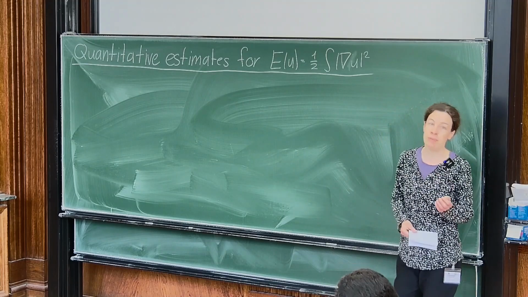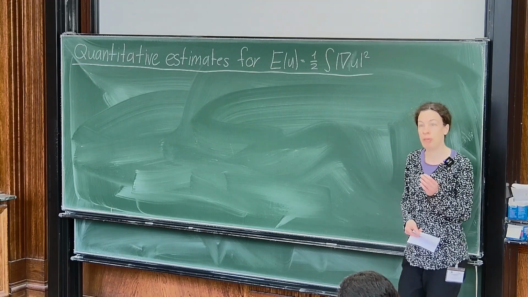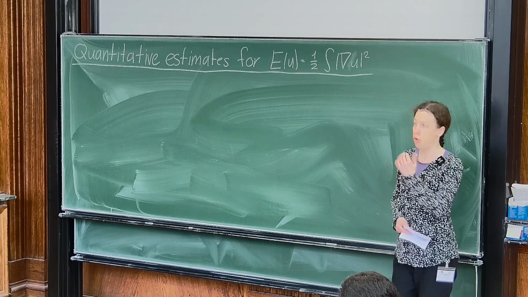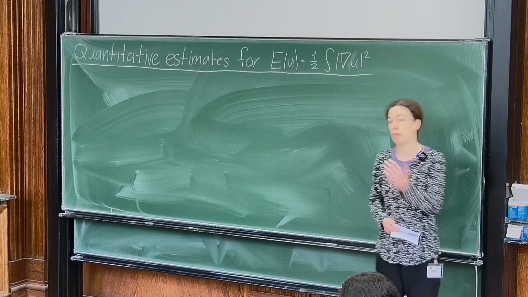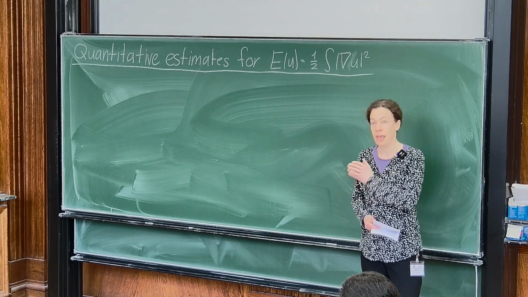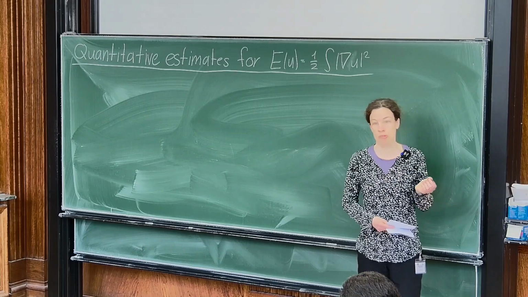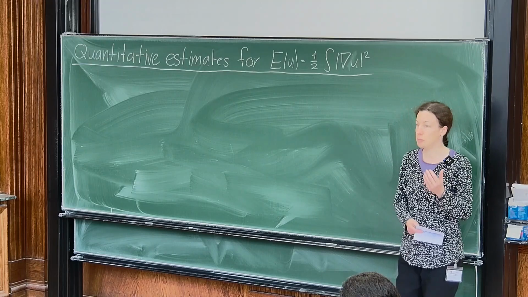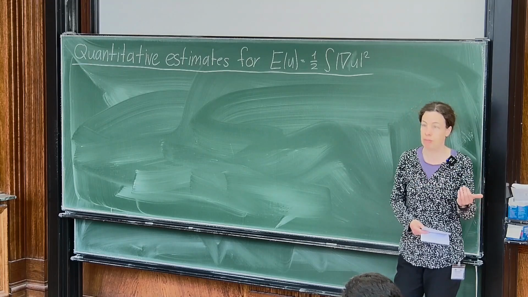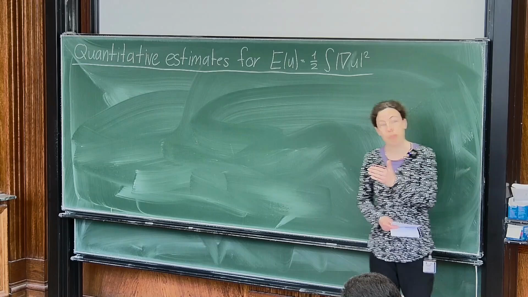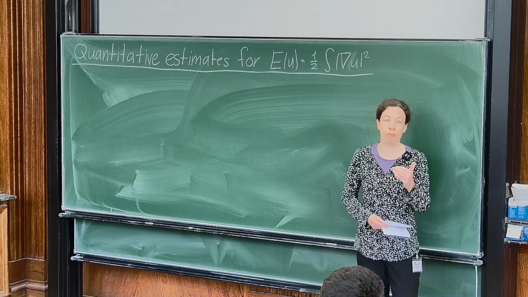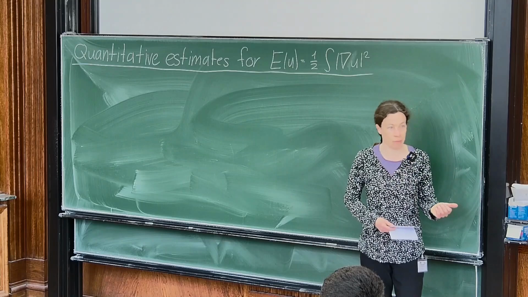So roughly speaking, what I want to talk about is whether almost solving a problem, that is almost solving a PDE or almost minimizing something, almost gives you a solution. And I want to talk about whether you can make this precise with quantitative estimates, as in how far off are you from the nearest true solution if you know that you solve the problem up to a small epsilon.